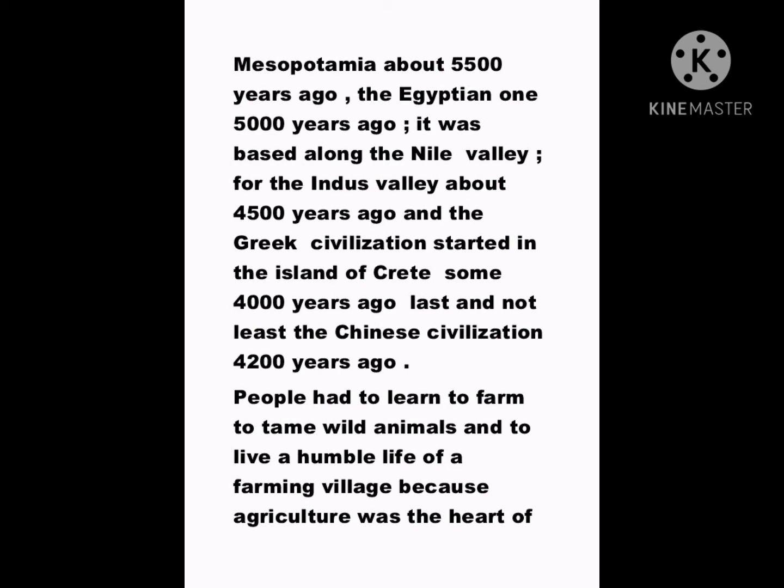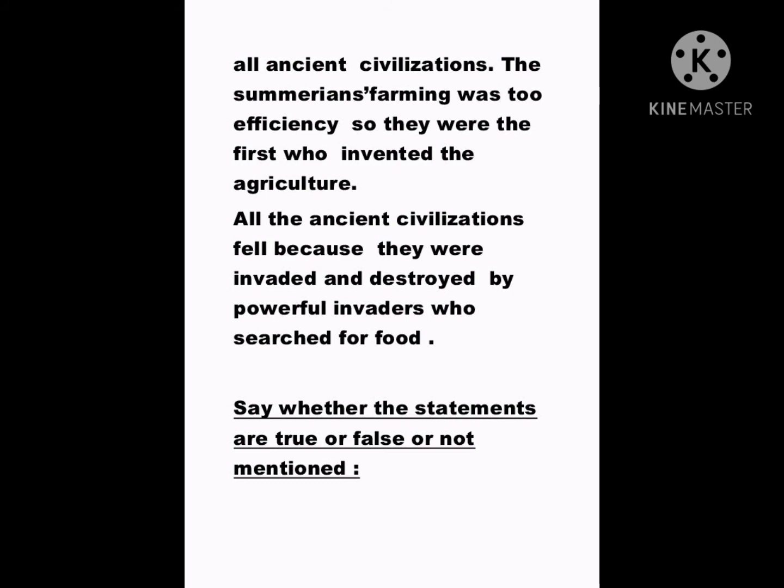People had to learn to farm, to tame wild animals, and to live the humble life of a farming village because agriculture was the heart of civilizations. So farming was the basic action of all these people in all the civilizations in order to have food.